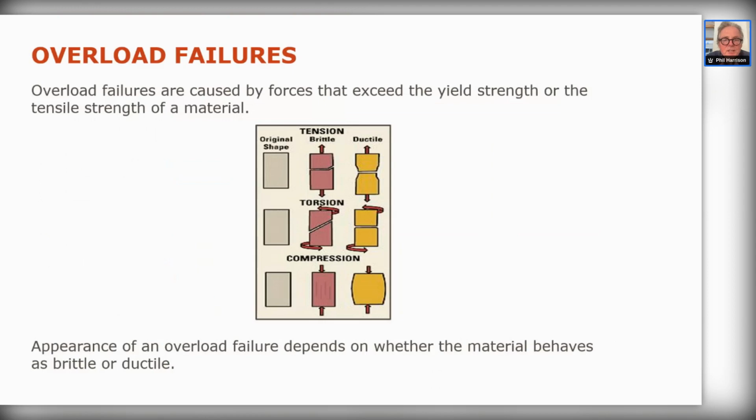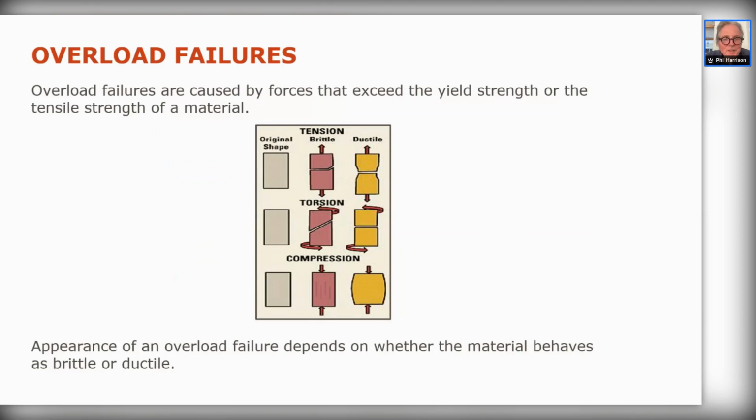Obviously, looking at tensile failure, if you have what's called necking, where you've got some reduction in cross-sectional area of the test piece or of the failed component, you can assume that's ductile failure. If you have no necking of the material and it is a straight line across the material, perpendicular to the direction of the stress, that can be assumed to be brittle failure.